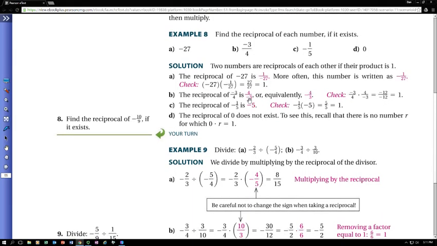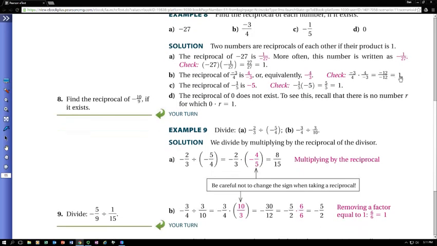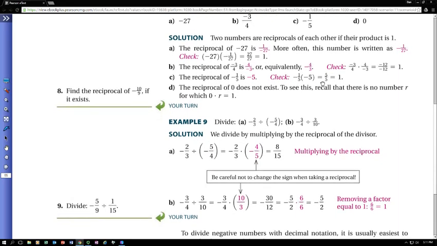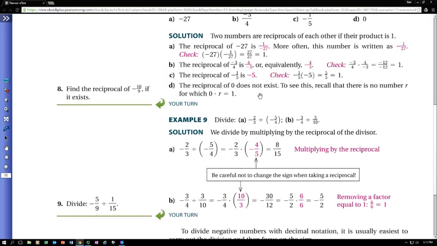Here's 4 over negative 3, or negative 4/3, check by multiplying, get 1. Reciprocal of negative 1/5 is a negative 5, or negative 5 over 1, and I get 1. Well, the reciprocal of 0 does not exist, because there's nothing I can multiply times 0 and get 1. That's the definition of reciprocal again. So there's no reciprocal for 0.